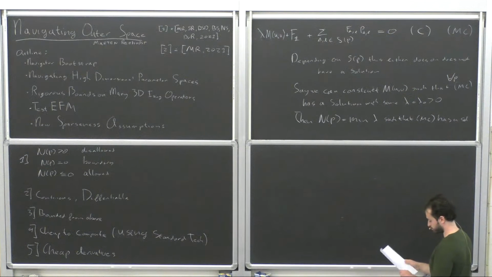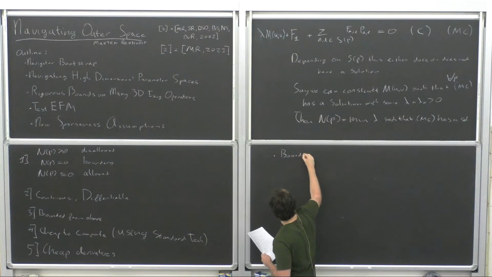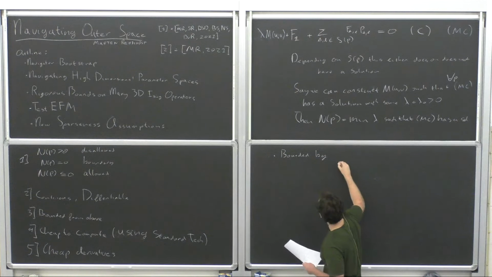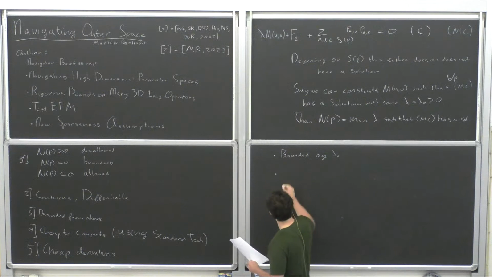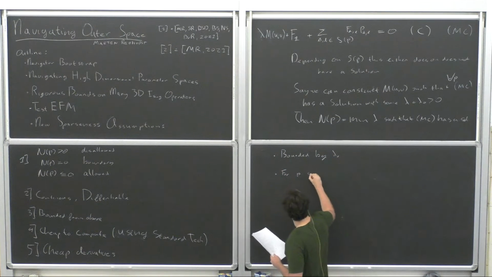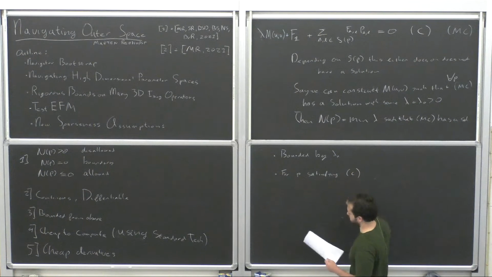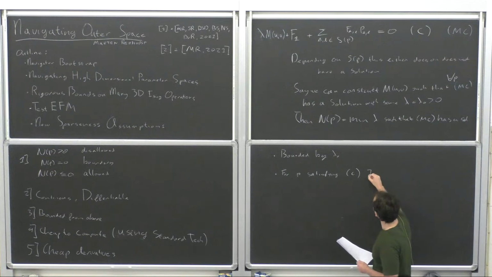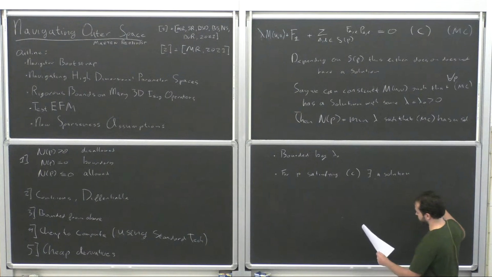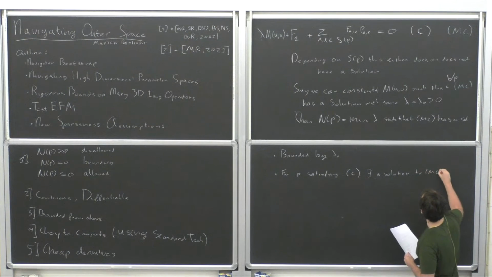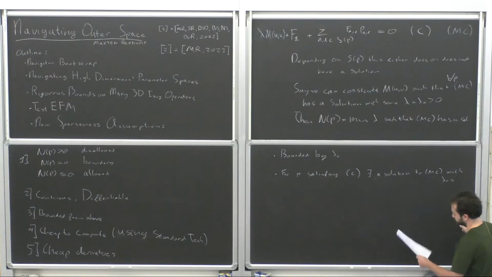So we saw that it was bounded by lambda 0, and for any p satisfying the original crossing equation, which we call allowed, there is a solution to MC with lambda equals 0, right?